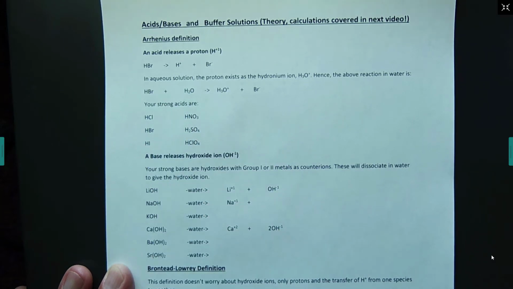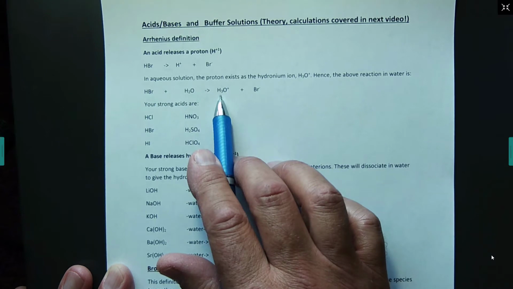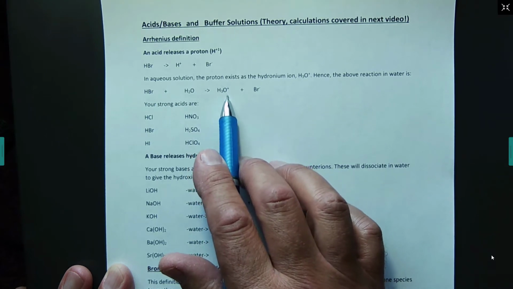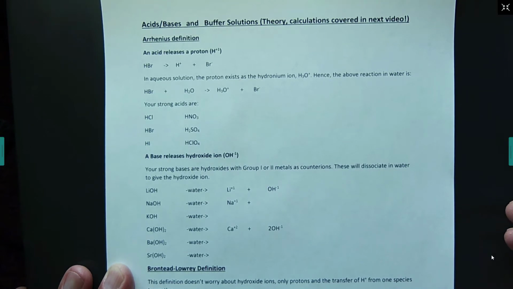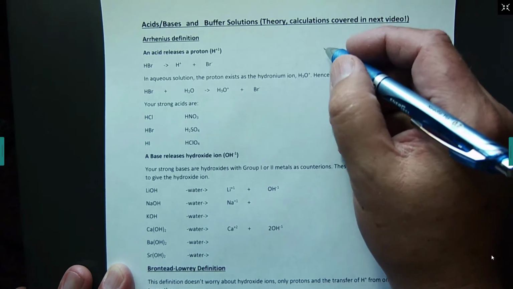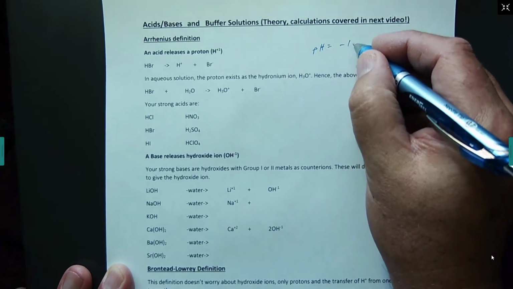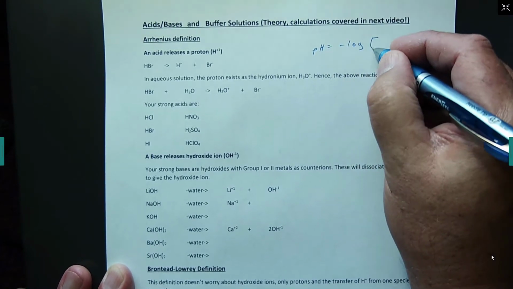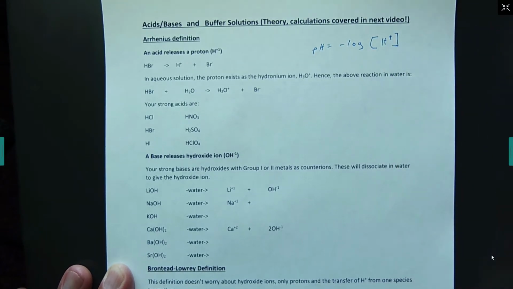Now, in aqueous solution, you don't really have protons all by themselves. Those protons grab onto a water molecule and they form a so-called hydronium ion, H3O+. So if you look at older textbooks when they're discussing pH, they'll say that the pH of a solution is the negative log of the proton concentration.